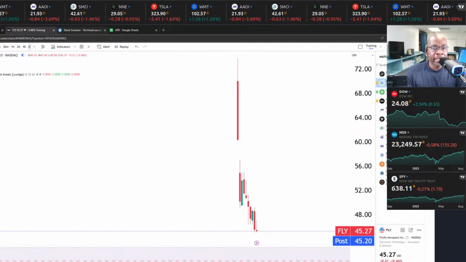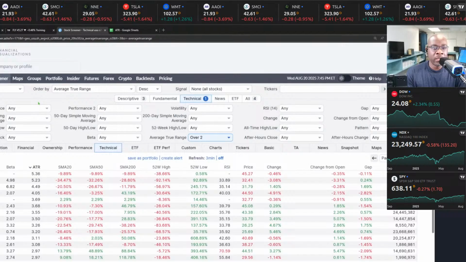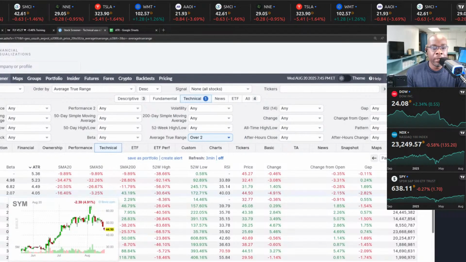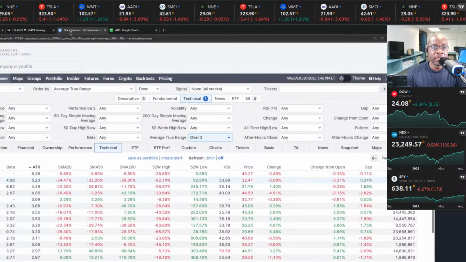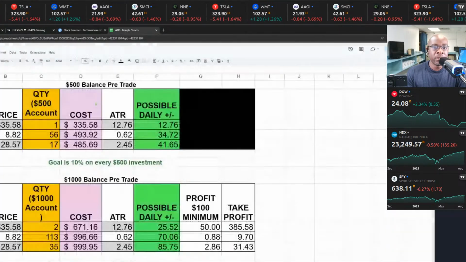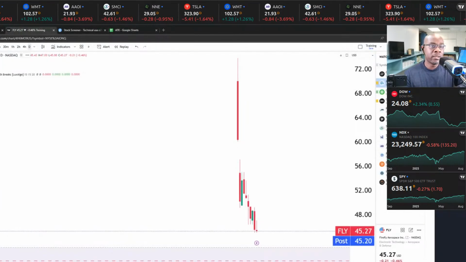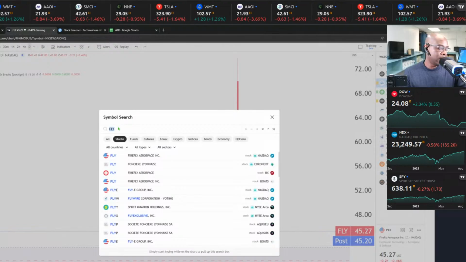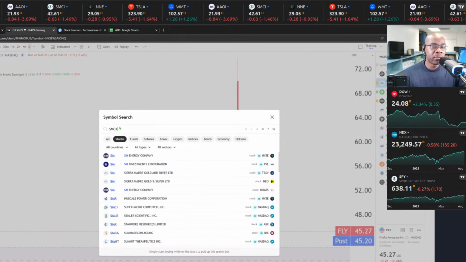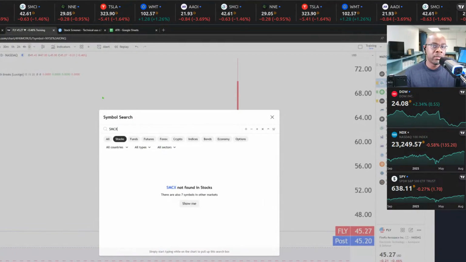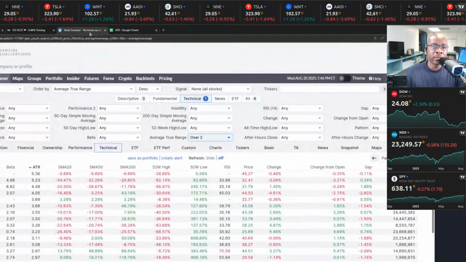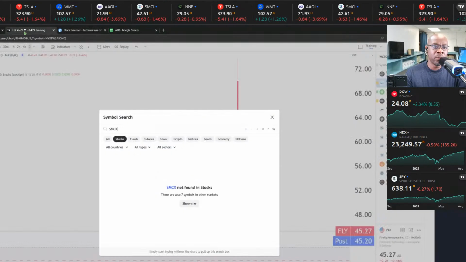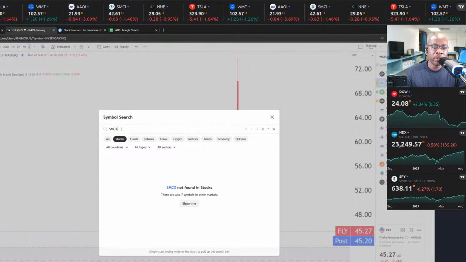So we're going to be going back now to our stock screener, and we're going to go to the next stock symbol, which is going to be SMCX. Let's go over here. SMCX. That is the stock symbol, right? SMCX. Oh, did I type something in wrong? SMCX.